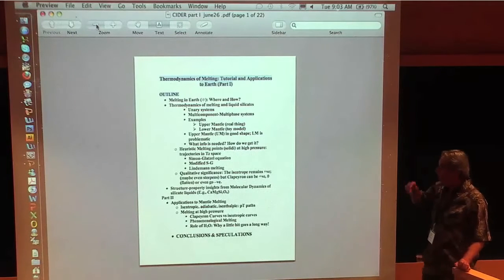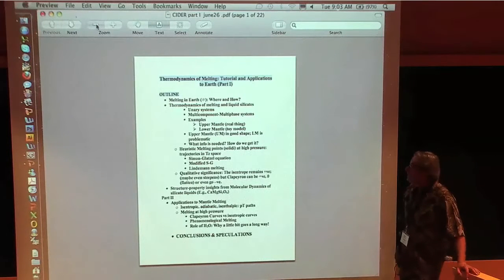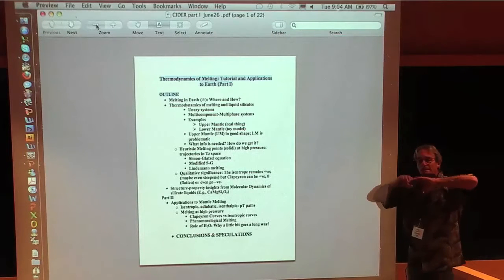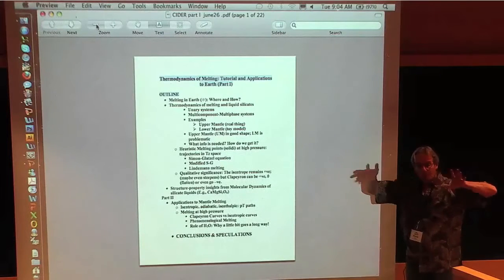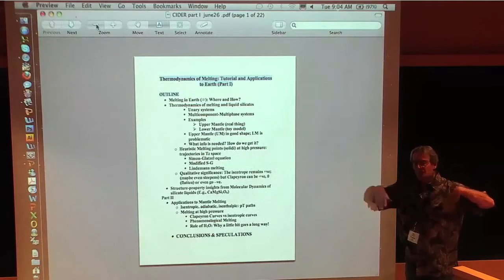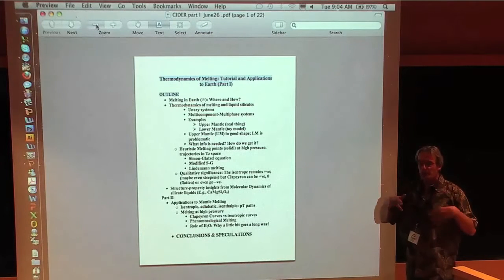So this is a brief outline of what I'm going to do here, and all the notes you should have. Just talk about melting in the Earth, where and how. The bottom line is we actually know quite a bit. We need to know more. Melting in the shallow Earth, say from 0 to 3 GPa, 0 to 200 kilometers, we understand the phase equilibria.